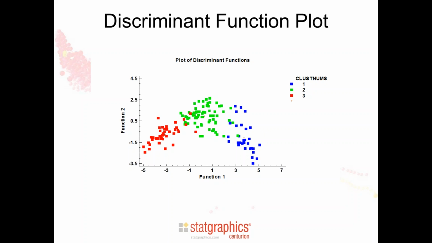There's a question, what does the system do with missing values? The system right now is excluding any cases that have missing values. It's basically taking any countries that have missing data on any one of the 10 variables and excluding them from the analysis.